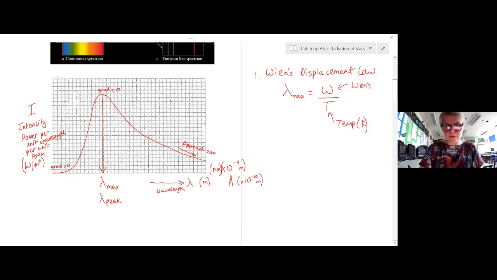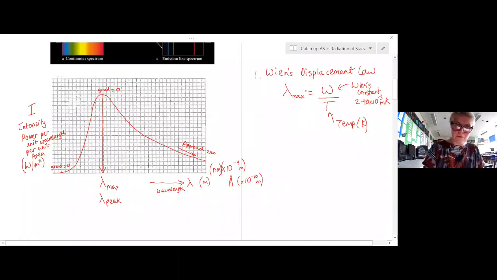Wien's constant is given to you on the front of the data booklet, so you don't need to remember it, but I'll put it in here now: 2.90 times 10 to the minus 3 meter Kelvin. So if we know the maximum wavelength from the graph that we're given, we know W, so we can rearrange that equation to work out the temperature of the star.